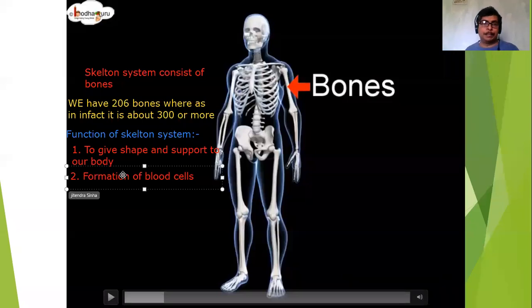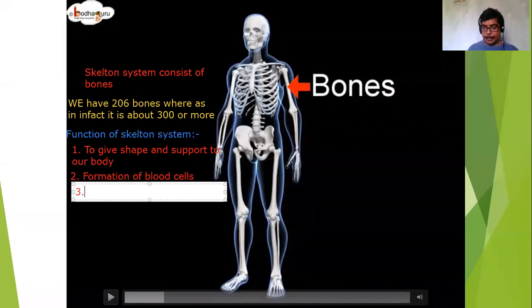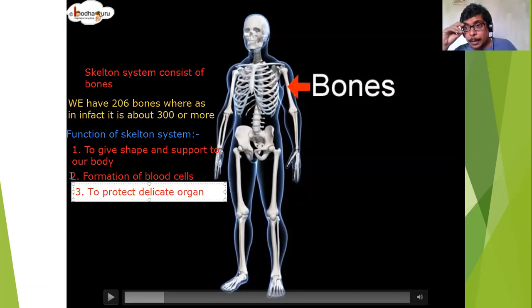And the third function of the skeleton system is to protect the delicate organs, like heart, lungs, kidney, liver, brain.